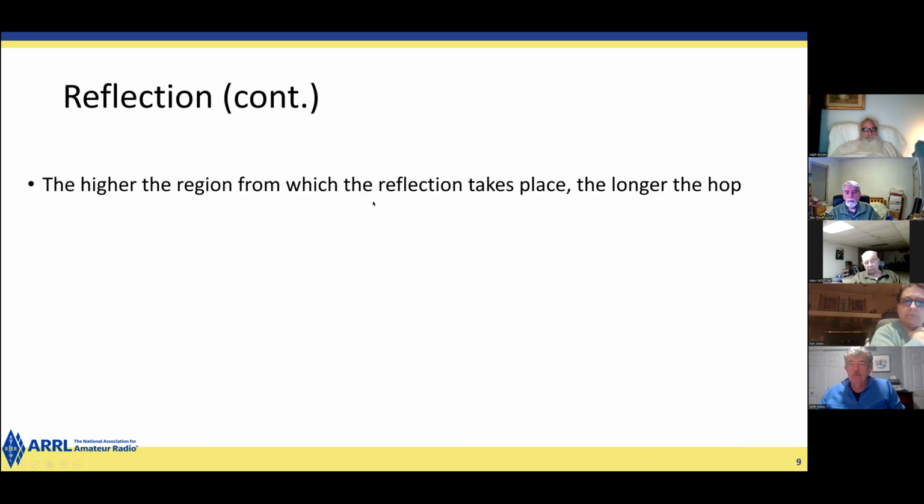So if you think about the geometry for a second, the higher the region where the reflection takes place, the longer the hop, the farther your signal will travel coming back to Earth. Or conversely, the farther away you can hear a station.